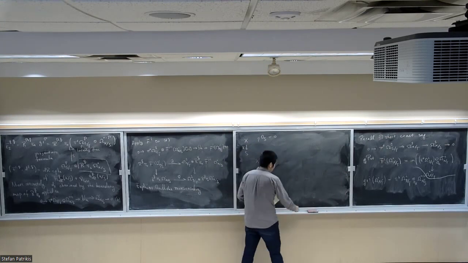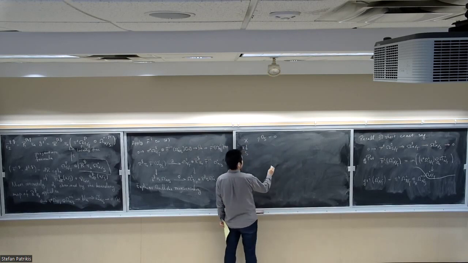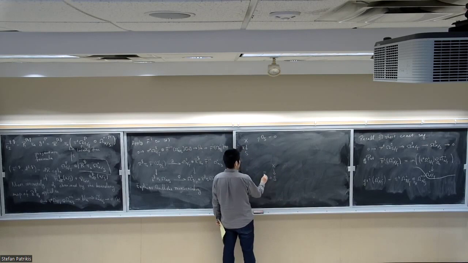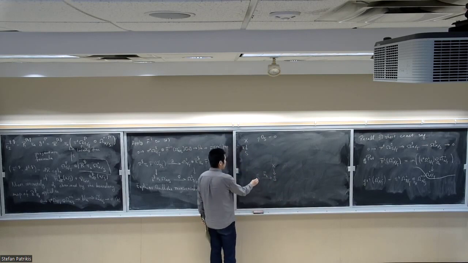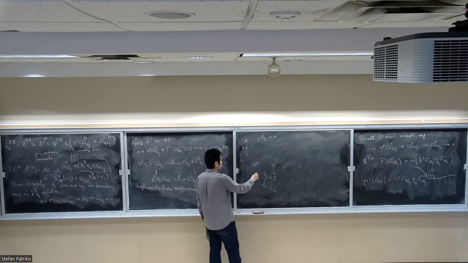Then we have the following standard construction. You have your x over s, and you take the pullback along the absolute Frobenius. Your pullback is typically denoted by x^(p).